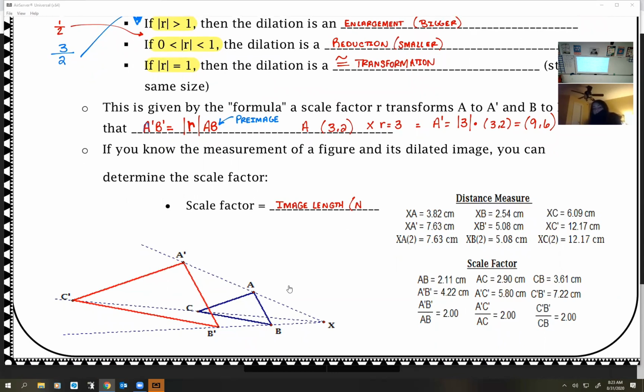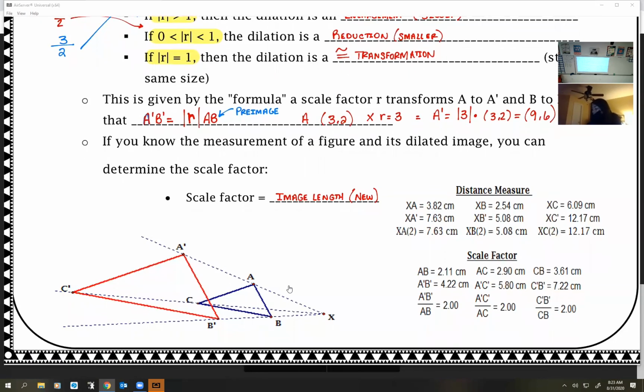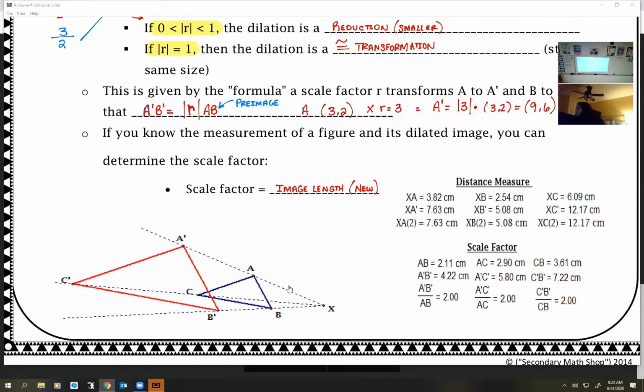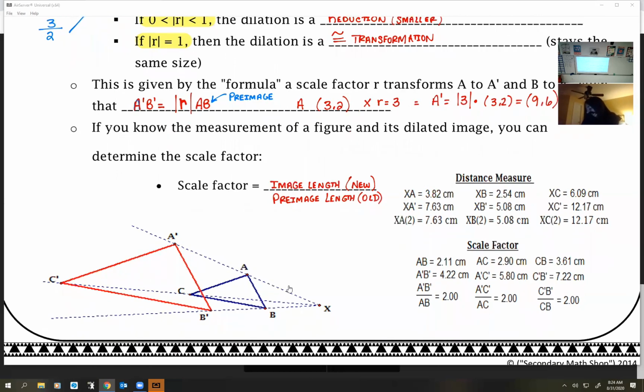How do we know it's the new one? Why do we label it image and preimage? Yeah, so we can identify it, and then we're going to divide that by our preimage length. And that's our old. So we always go new divided by old.